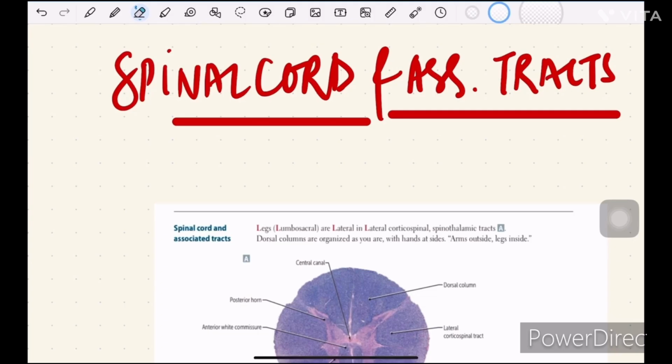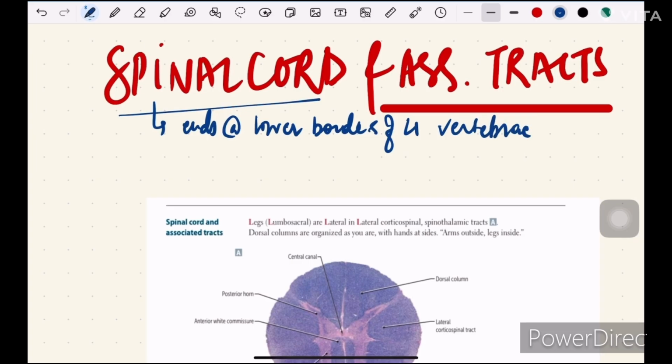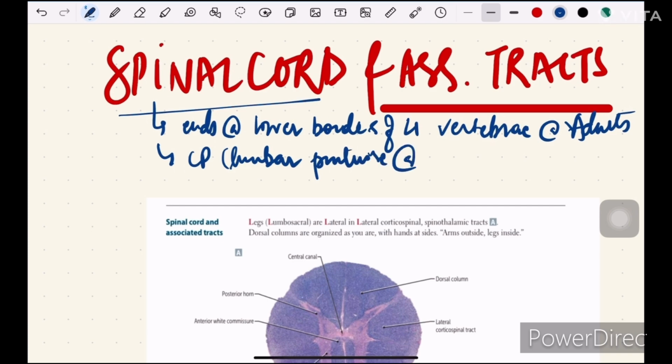Let's talk about the spinal cord and the associated tracts. Before starting, let's talk about the spinal cord. It ends at the lower border of L1 vertebra in adults, and the lumbar puncture is done at the level of L3 and L4 vertebrae.